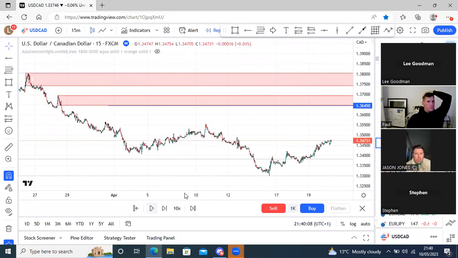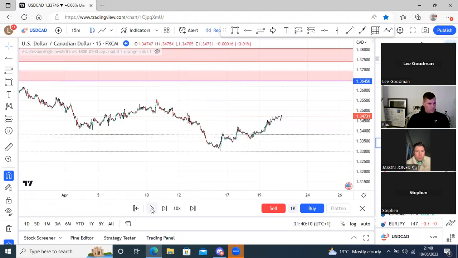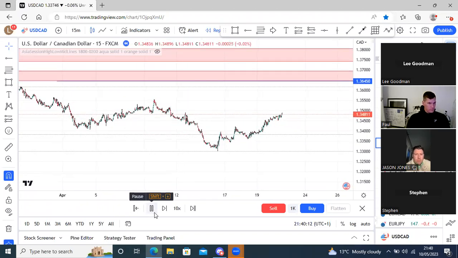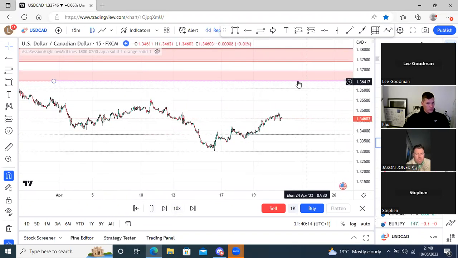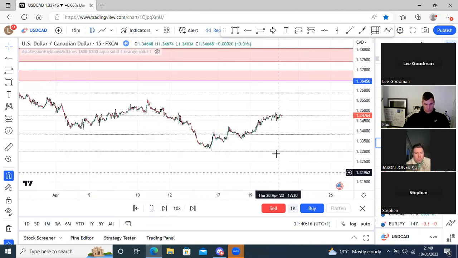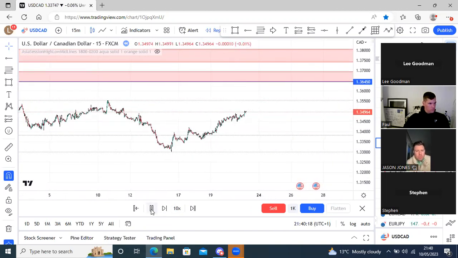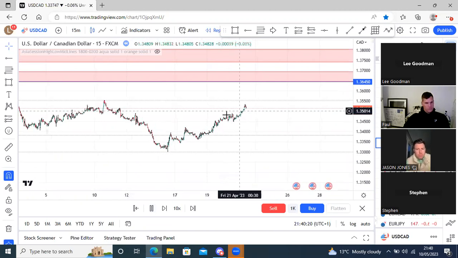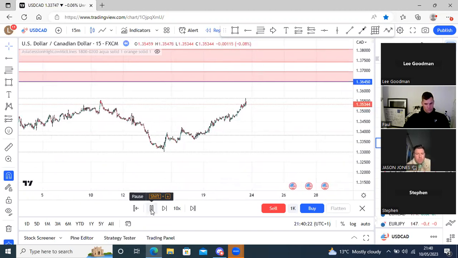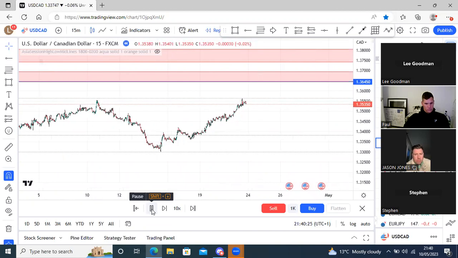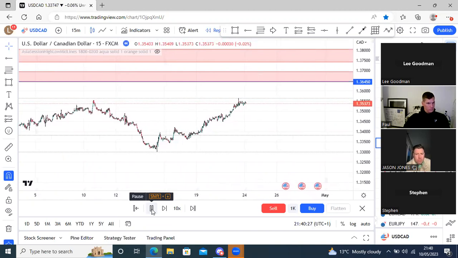Now all I'm waiting for is the price to enter this red box here. As soon as it does, I would come onto the 15-minute time frame and wait for a 15-minute break of structure.